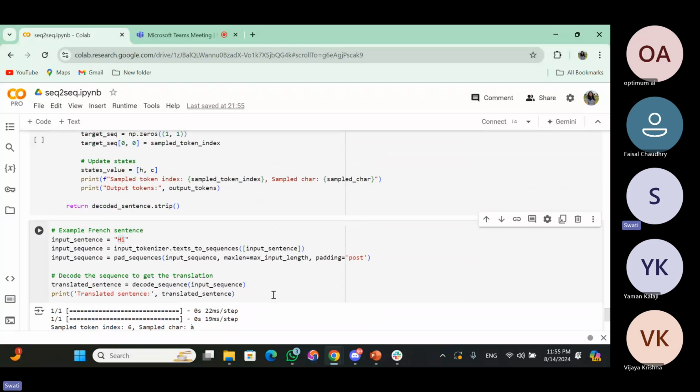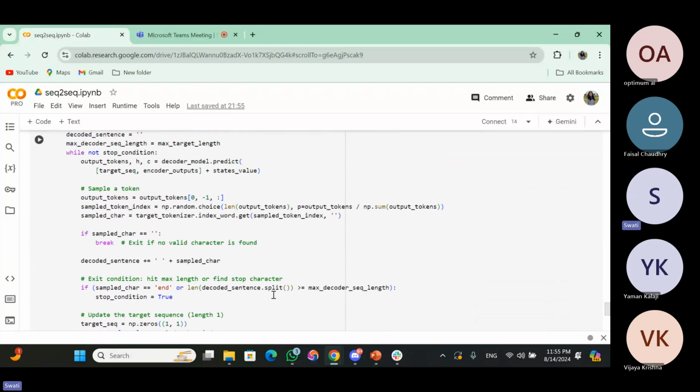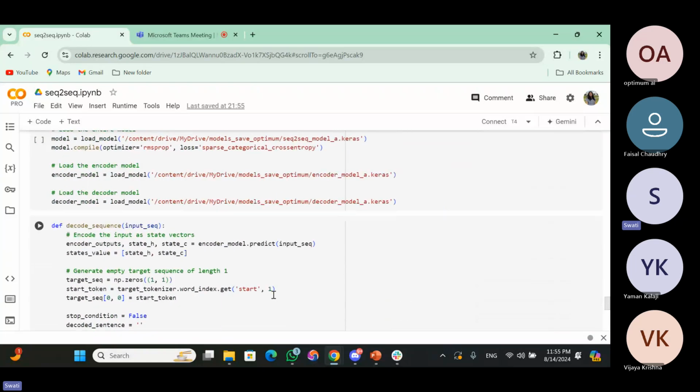So the main focus should now be how to reduce this loss, and that can be done by increasing the number of epochs and reducing the batch size.